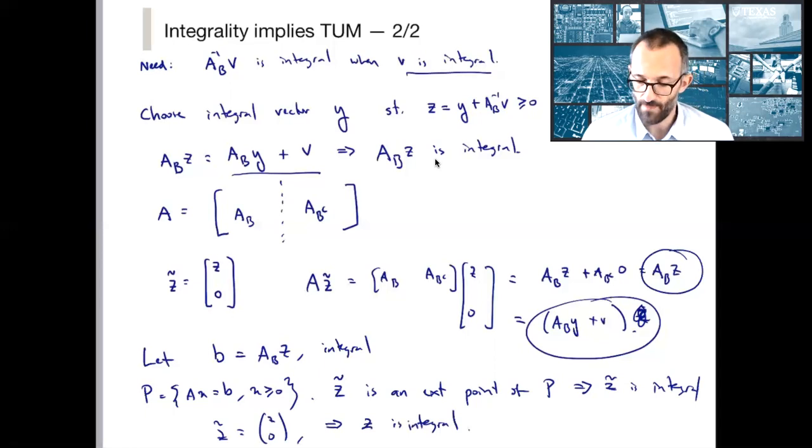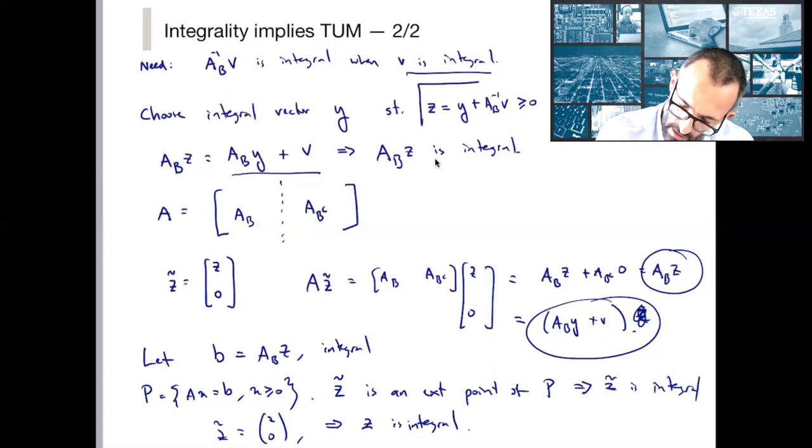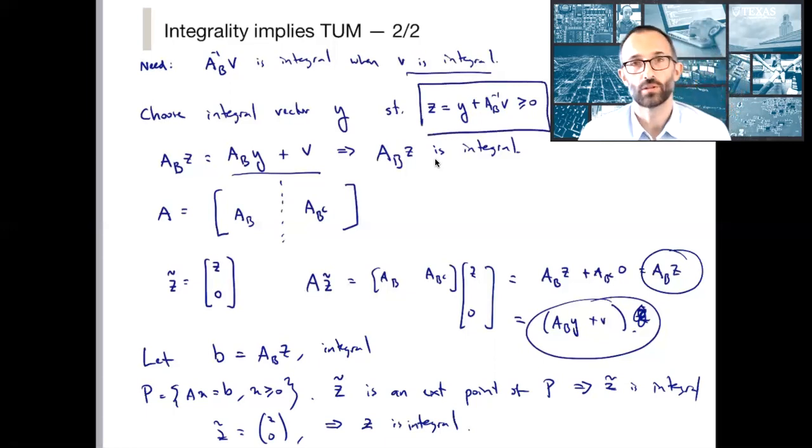And now, just unwrapping, what did we have before? Z was exactly what we initially said was our goal. We want to show AB inverse V is integral. What we showed is that AB inverse V is an integer translation away from an integer point.